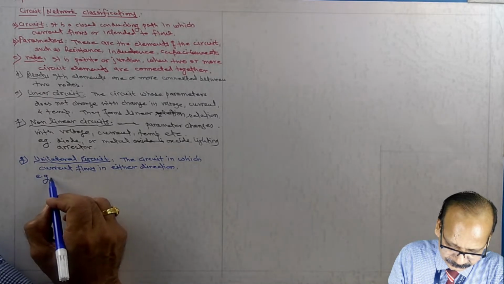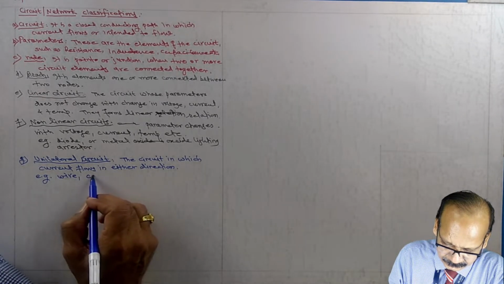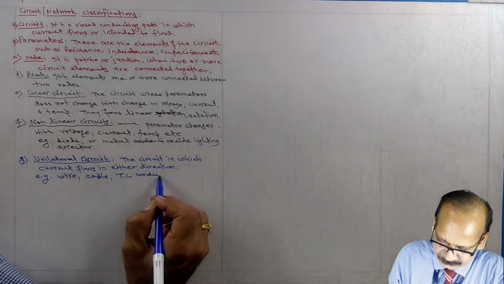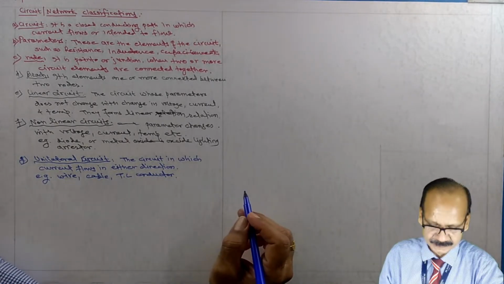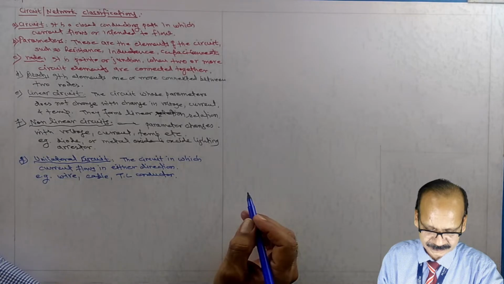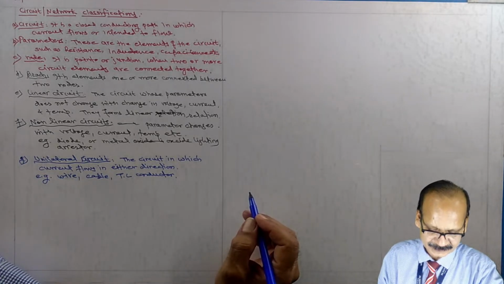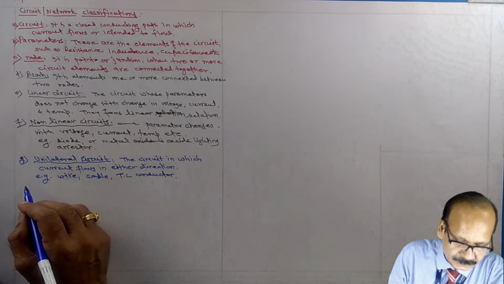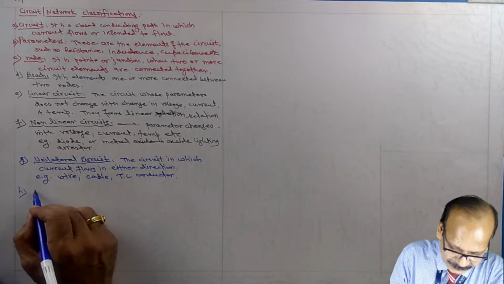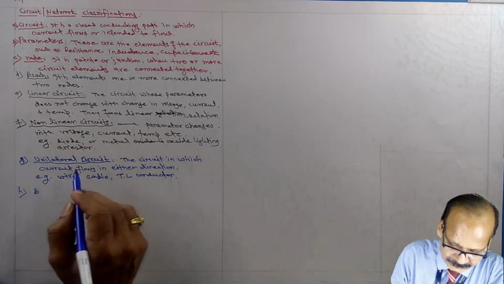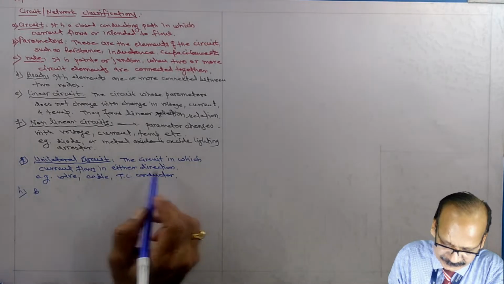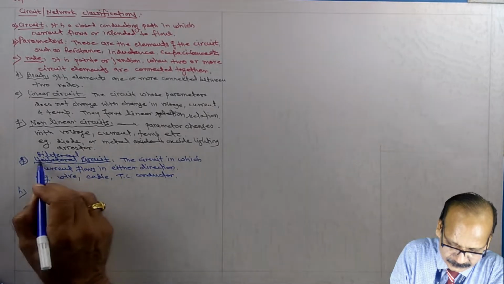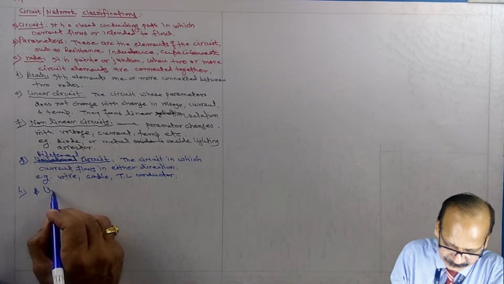For example, wire, cable, transmission line, conductor. These are the bilateral circuits. Circuits in which current flows in either direction are known as bilateral networks.